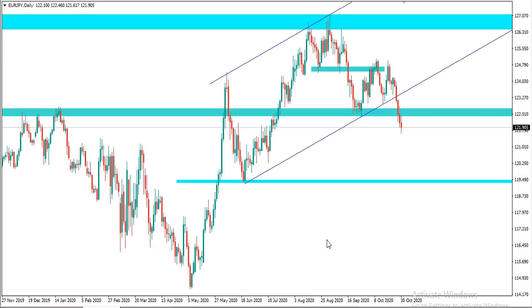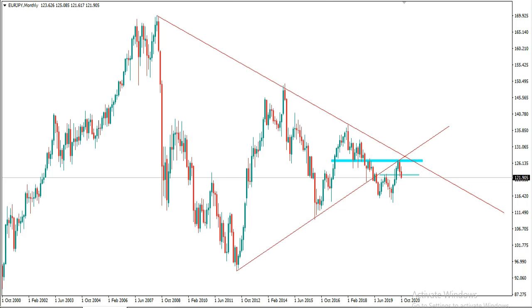Alright, so the next pair on our list is EurJpy, and on EurJpy, what we can see is that we have this market right here that created this multi-year wedge pattern. You can see how that pattern lasted for at least 20 years or even more, and a couple of years ago, I think 2018 or thereabouts, we had the break of this pattern at this point here, and we had the market make this move to this low.